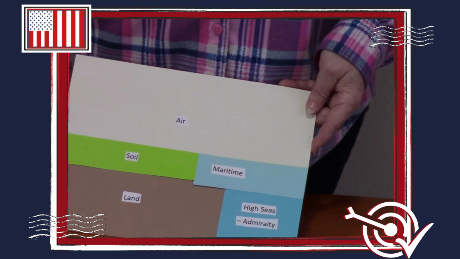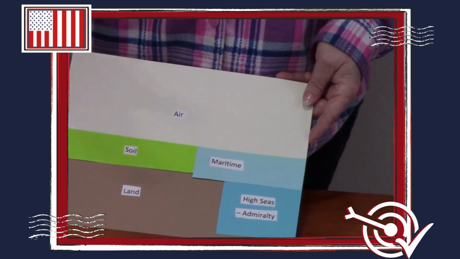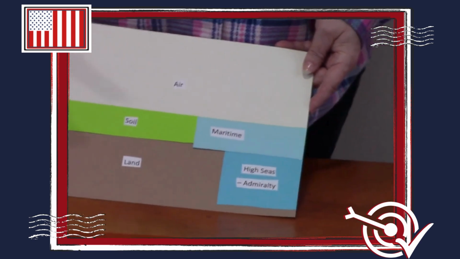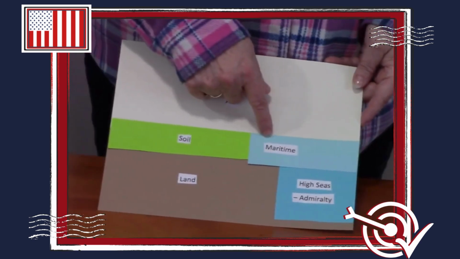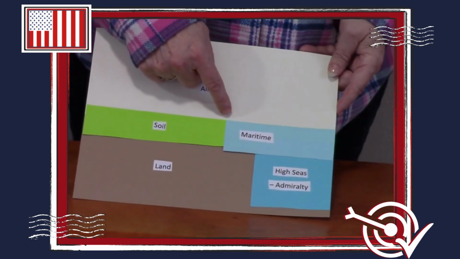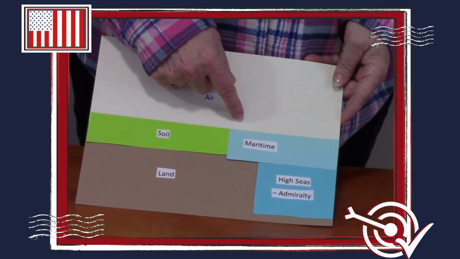The subsoil, the land underneath the soil, goes all the way to the center of the earth. The maritime jurisdiction similarly has a skin of 1 inch of air above it.